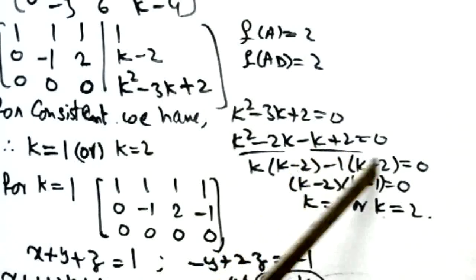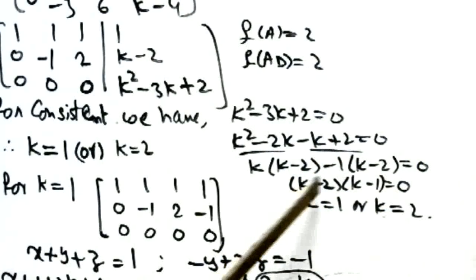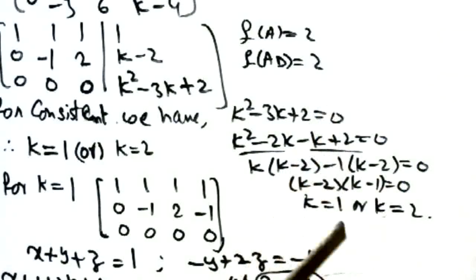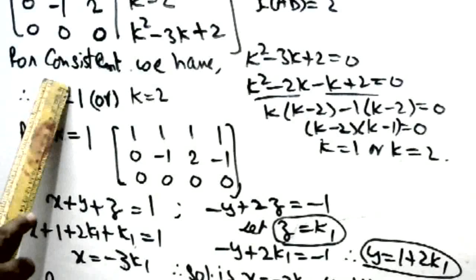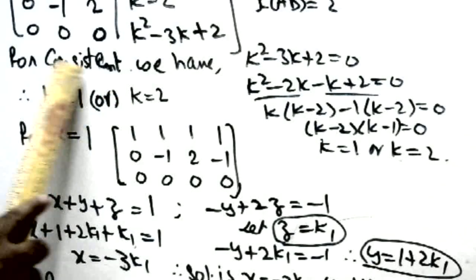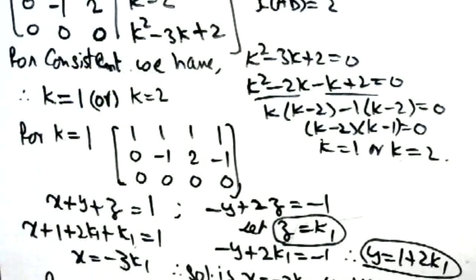If we take minus 1 common, again we are left with k minus 2 equals to 0. So k minus 2 into k minus 1 equals to 0. We get the values k equals to 1 or k equals to 2.